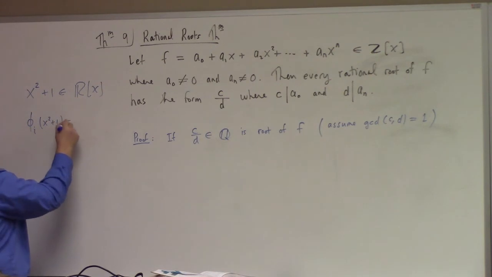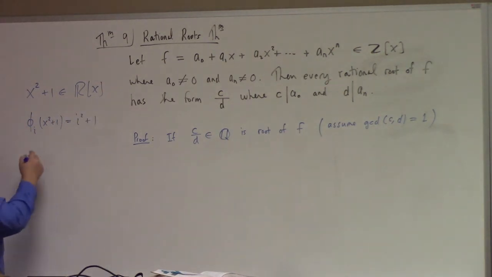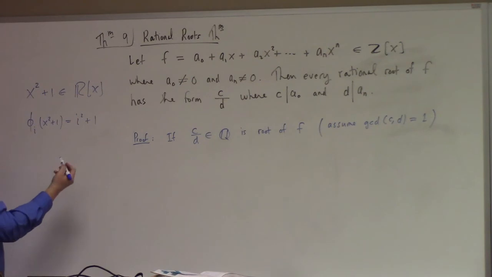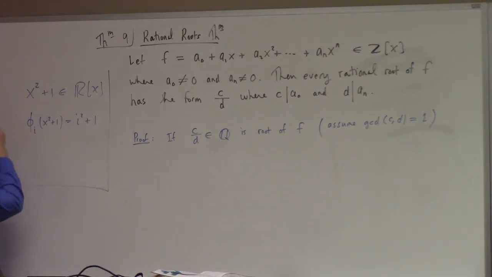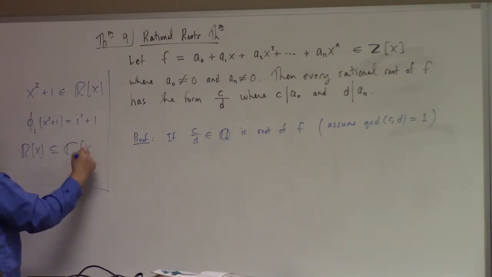Say, well, that's i squared plus 1. The reason this makes sense, and this is just a custom that we have, if you want to get really picky, when we defined the evaluation homomorphism, we may not have actually allowed for this, but it's with the understanding that R of x is naturally viewed as a subset of C of x, right?